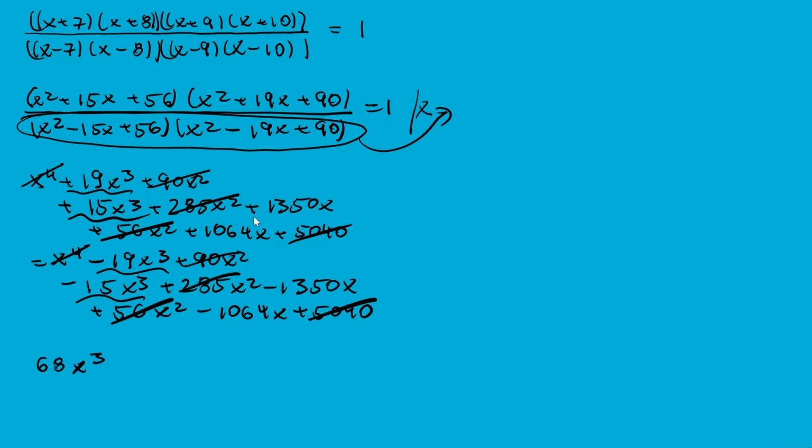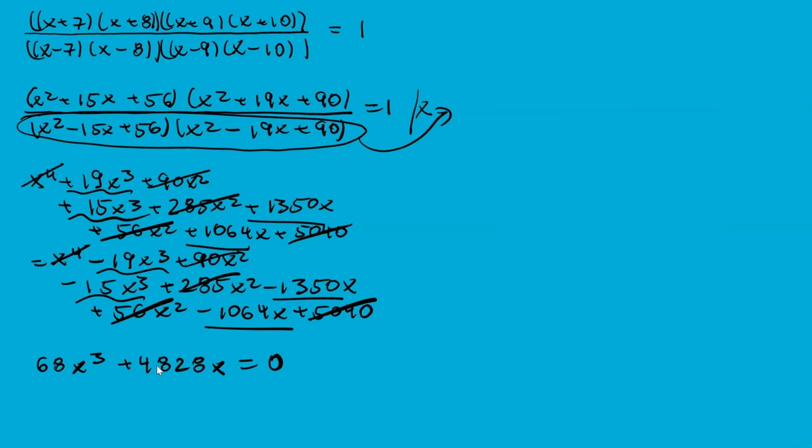And now we have 1350x plus 1064x, which is 2414x. And we have the same thing on the right-hand side of the equation. So I write down plus 4828x, and this equals 0.